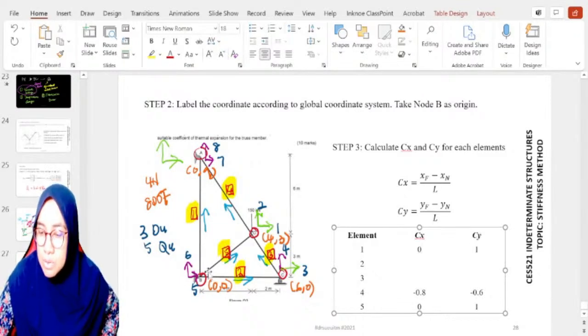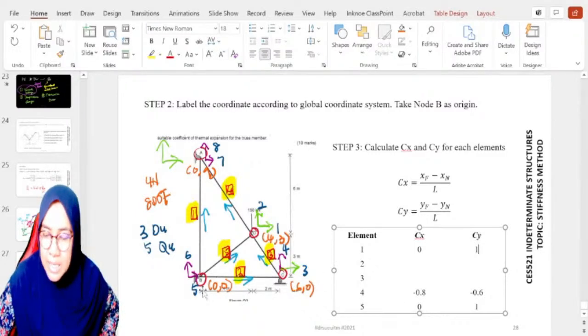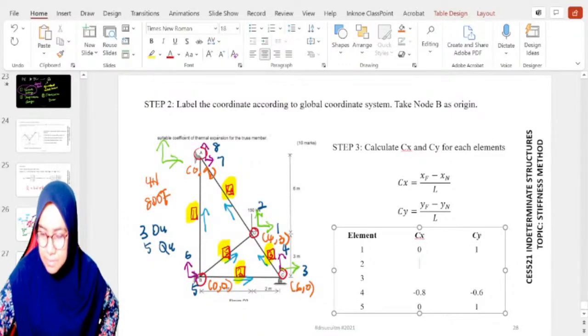For element number 2, near is B, far is C. Far minus near divided by length. For Cx, the x coordinate is 6 minus 0 divided by 6, which is 1. And Cy is 0.